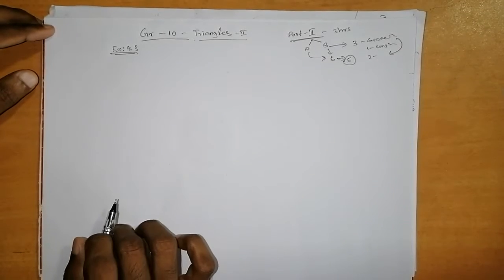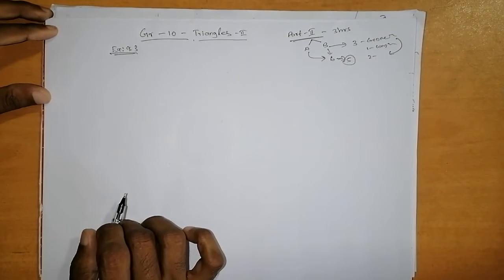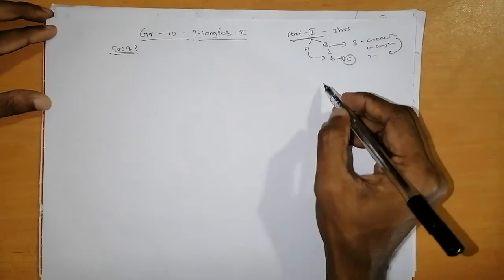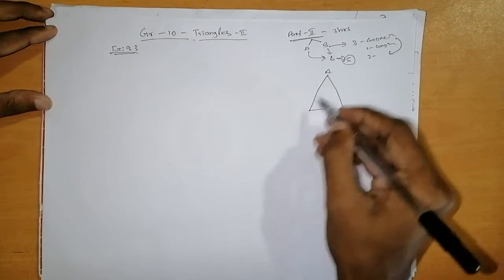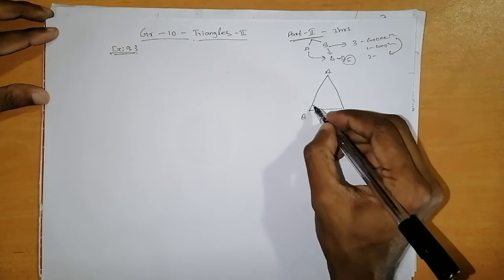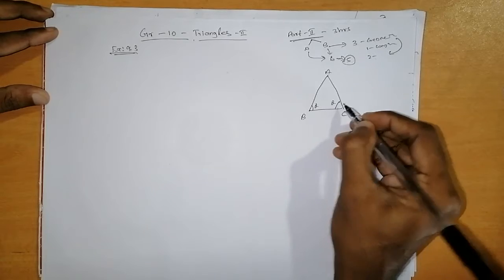Okay, first question, they gave some figures. Select isosceles triangles from the following figures based on the information in each figure. What is an isosceles triangle? We consider ABC, it's a triangle. In ABC there are 2 angles that are equal.